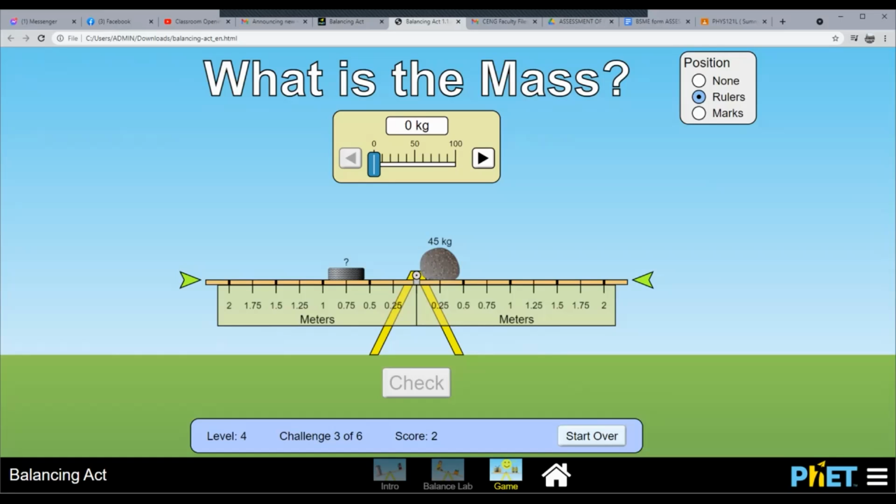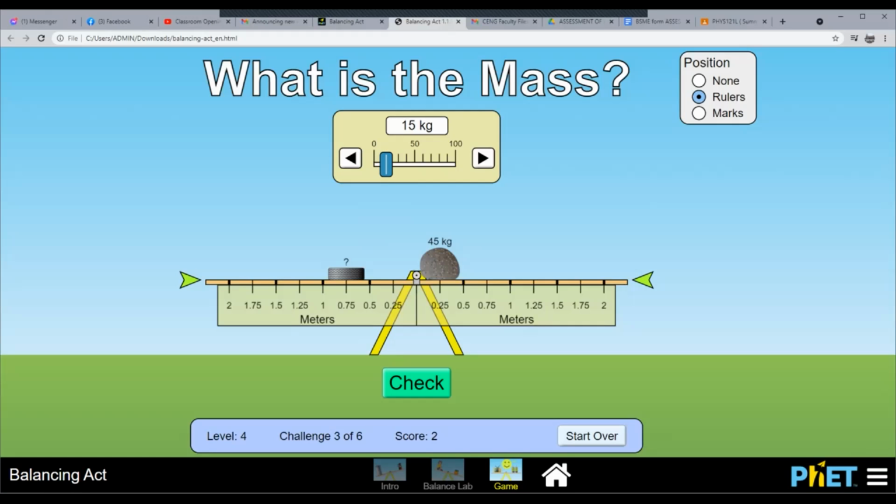So, what might be the mass? What should be? 15. 15 po. 15? 1.5. 1, 5.